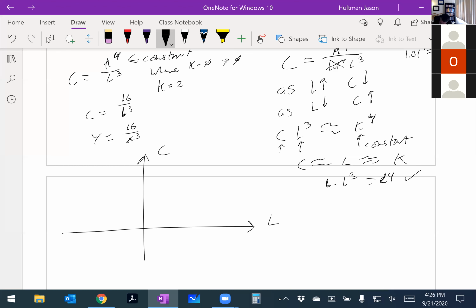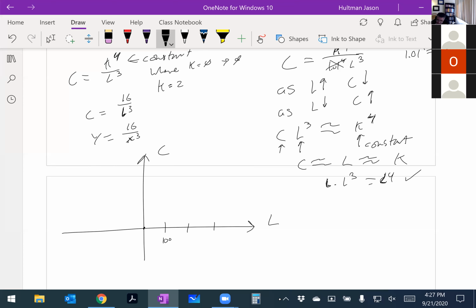Well, it's going to be these rational curves. Okay, so if we think of this in terms of hundreds, 100, 200, 300, if we have 100 here, right?